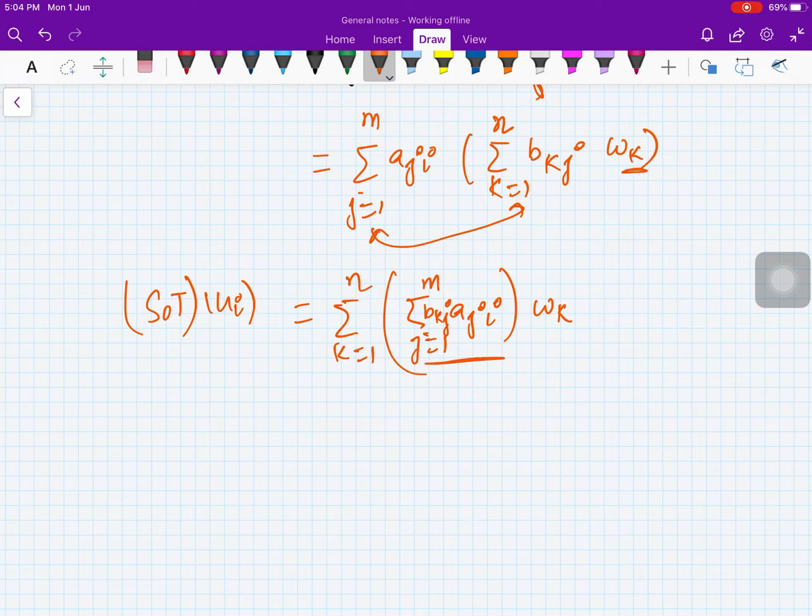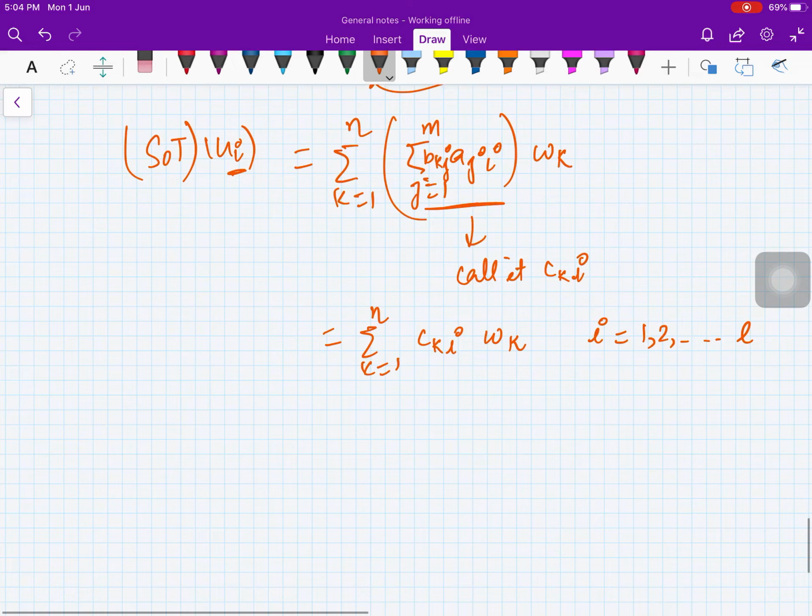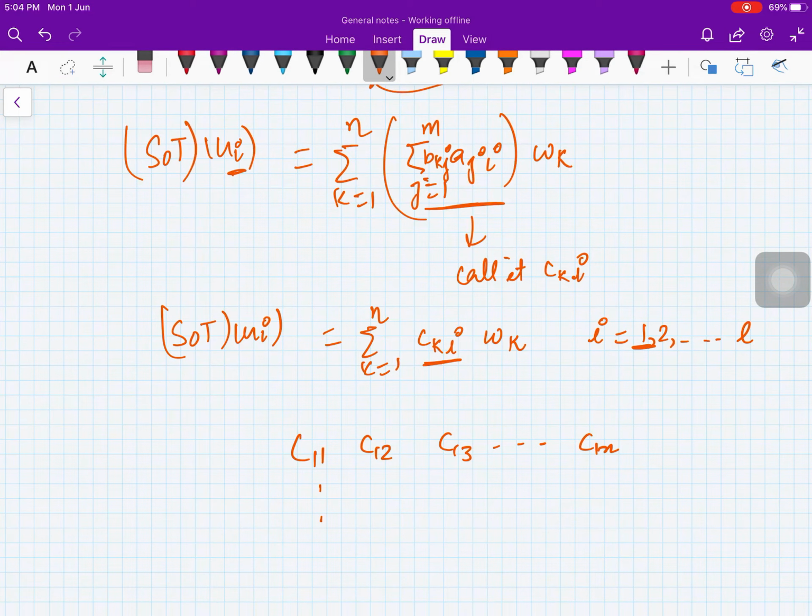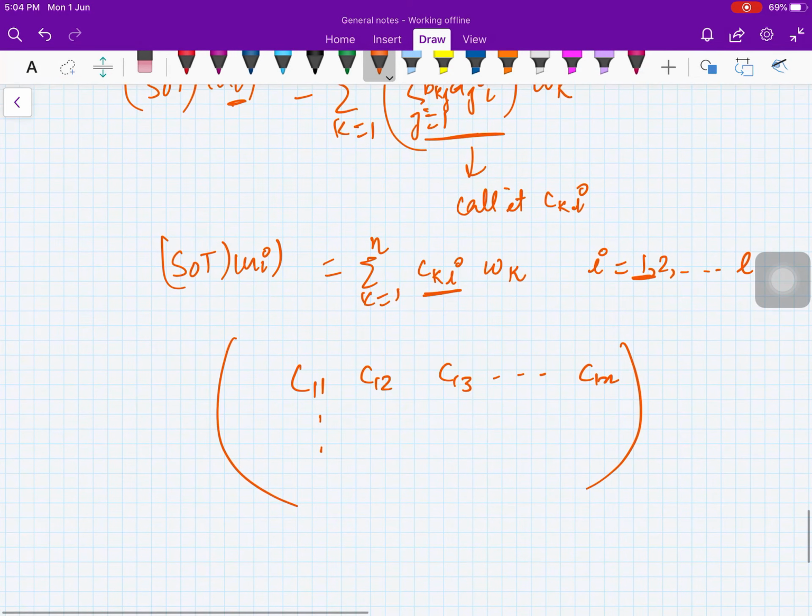Let me write it clearly. Now you see, if I call it CKI, then this is the sum over K from 1 to N of CKI WK, for I equal to 1 to L, right? This is L. So it means that your first column, with I fixed at 1, is C11, C12, C13, C1n.